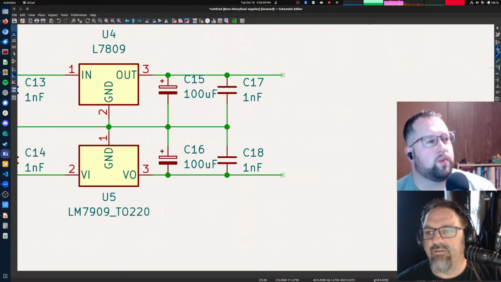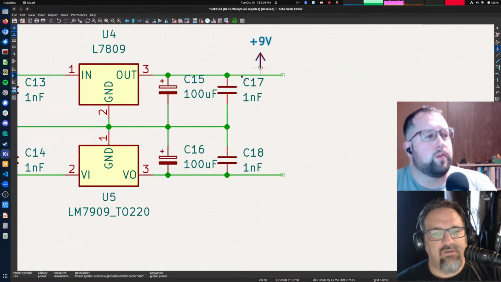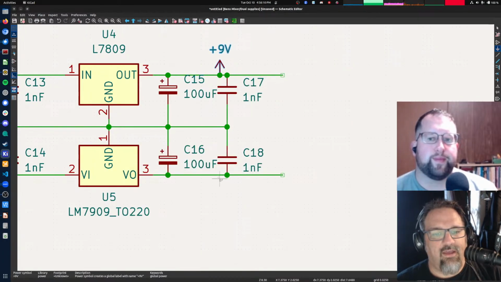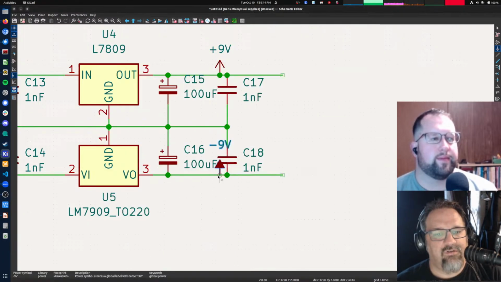All right. So now, plus 9 volts up here, and minus 9 volts down here.